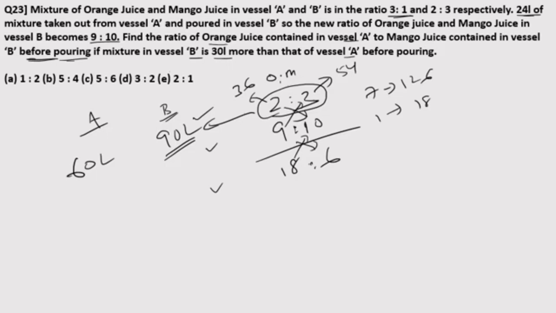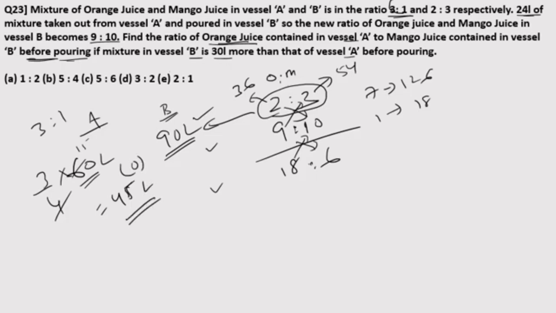We have to find the ratio of orange juice in vessel A to mango juice in vessel B. In vessel A the ratio was 3 is to 1, so orange juice has to be 3 by 4 parts. This is 15, so 45 liters has to be orange juice in vessel A.